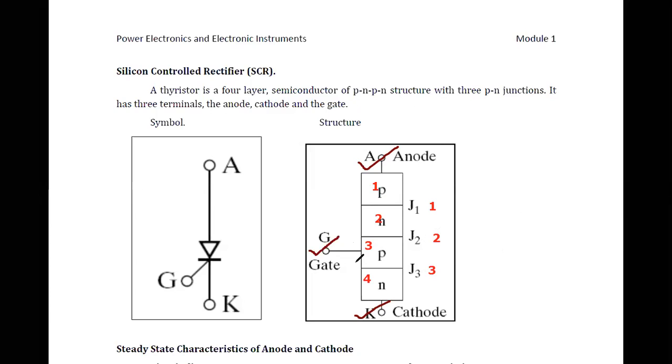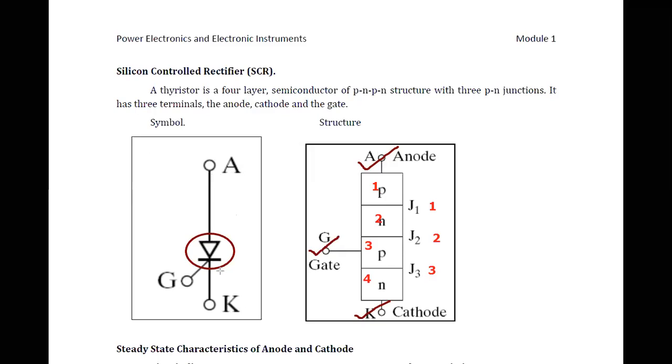Whenever the question is asked what you mean by a silicon controlled rectifier, or how it is constructed, or to define it, you can answer that it is a four layer, three junction, three-terminal semiconductor device. The symbol for the SCR appears almost like a diode.